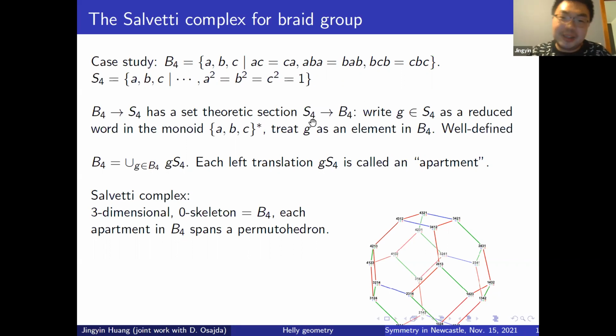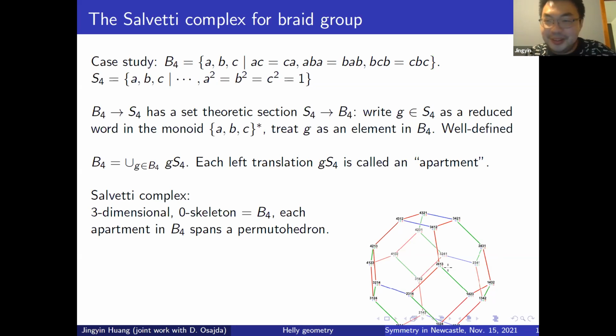The Cayley complex of S4 basically looks like the boundary of this 3-cell. Now the 3-cells in the Salvetti complex: whenever we see this kind of apartment coming from a translation of S4, we fill in a 3-dimensional cell that looks like this.